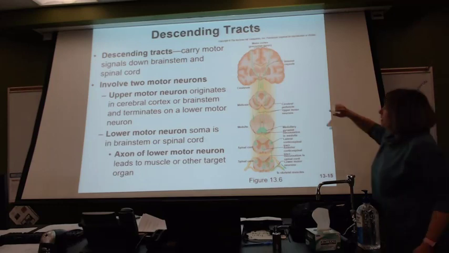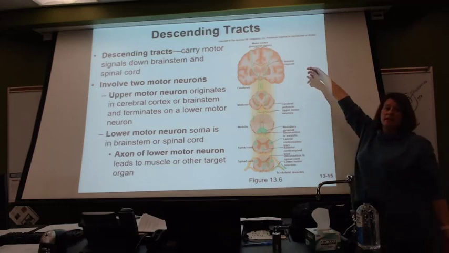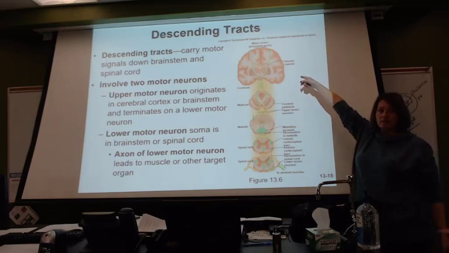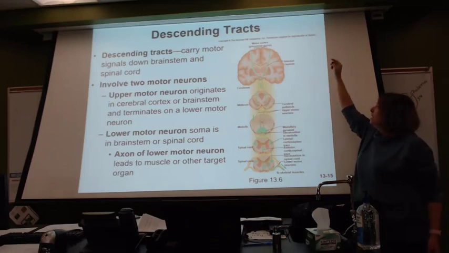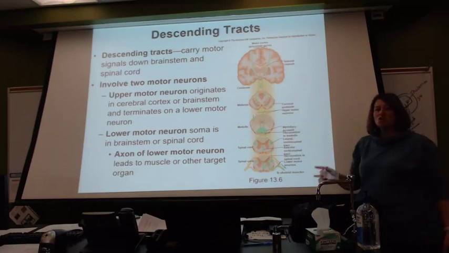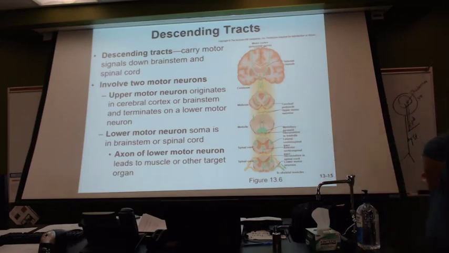So now, we had it originate in the cortex of my cerebrum, the cerebral cortex. It traveled to the level of the spinal cord that needs to carry out the effect.